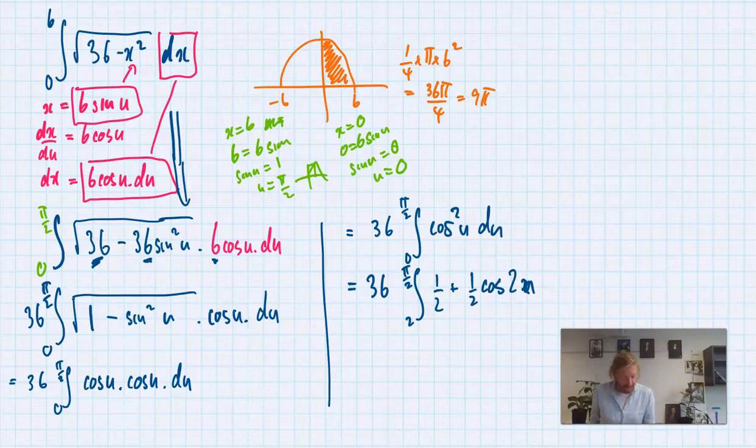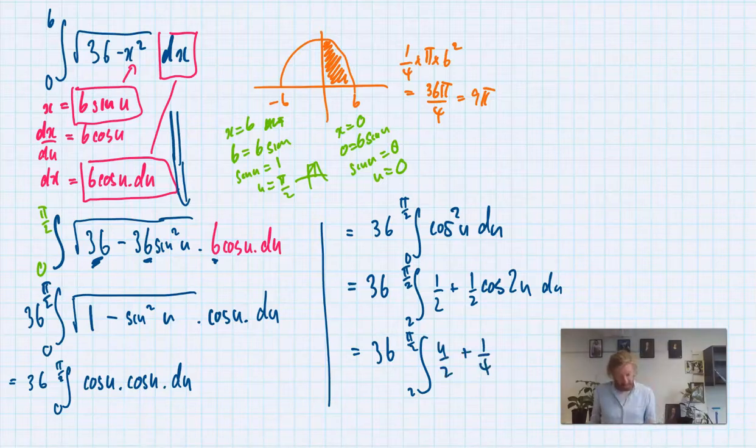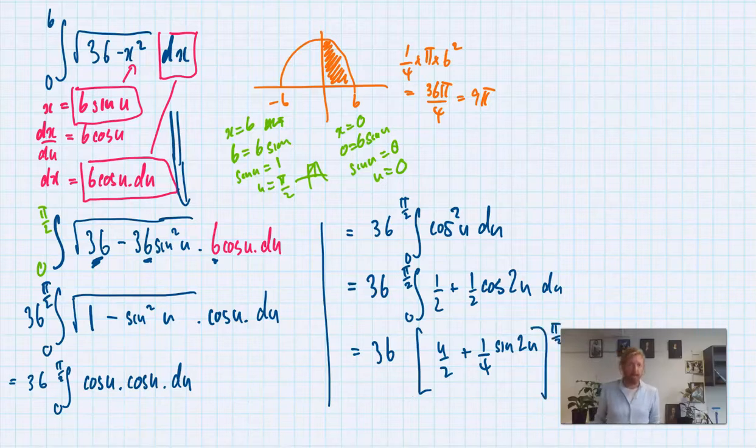Sorry, u, not x. Remember that from last time? That was handy. So that equals 36 integral of u on 2 plus a quarter sine 2u. And sorry, I've integrated here, so I get this happening with my bounds pi on 2 to 0.